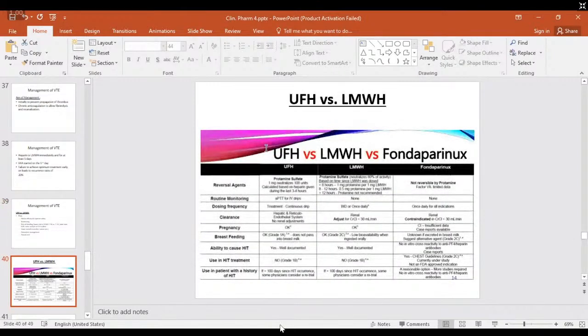Here is another very nice table comparing UFH to LMWH to fondaparinux. Fondaparinux is actually like a low molecular weight heparin. So the usual heparin or the unfractionated heparin has the highest molecular weight, then come the low molecular weight heparins, and then with the smallest molecular weight is actually fondaparinux.